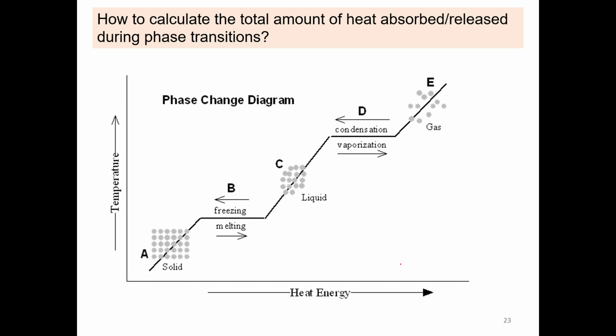And how will we do that? The first thing is we need to calculate the heat for each portion of the graph. In this part, there is a change in temperature. Let's start here and finish here. We can see there is a change in temperature. Then in this case, Q will be equal to the mass of the material times the specific heat, in this case of the solid.